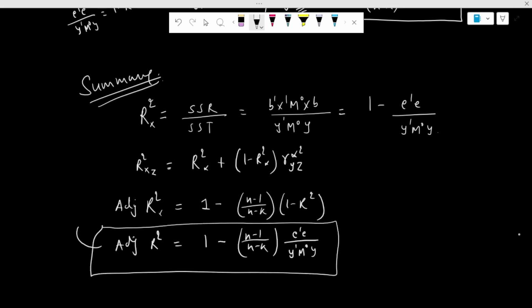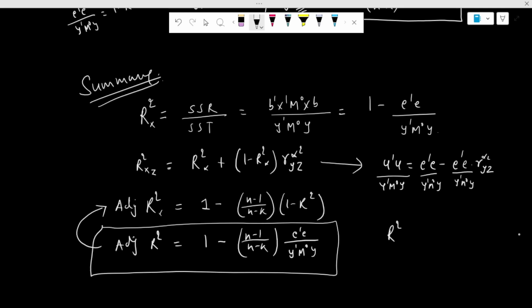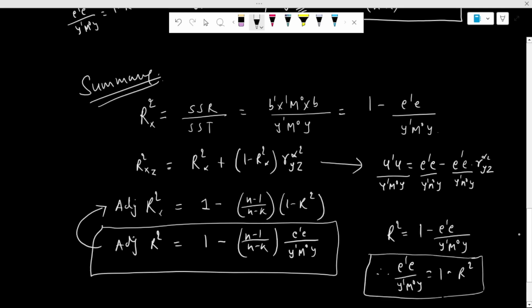From this expression, we have derived this, and to derive this result, we have used this relationship, and we have divided both the sides by y transpose M0 y, that is the sum of the square of the deviation from the mean of the dependent variable. We have substituted the value of this by 1 minus R square according to our requirement in these expressions.